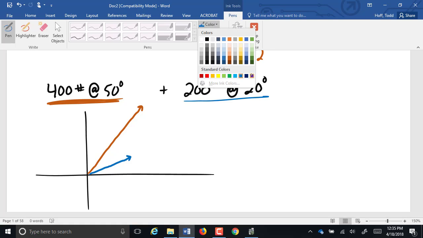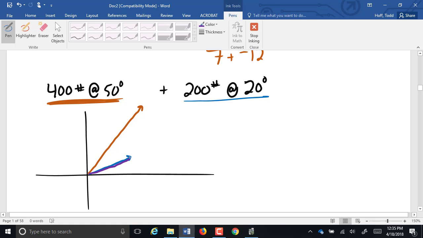To add them, I need to put them head to tail. I'm going to take this, and it doesn't matter which one I move. I'm usually taking the second one and put it like that. The head of the first one to the tail of the second one.